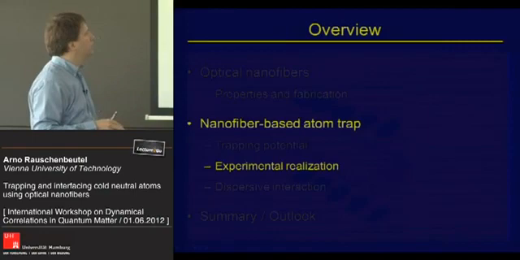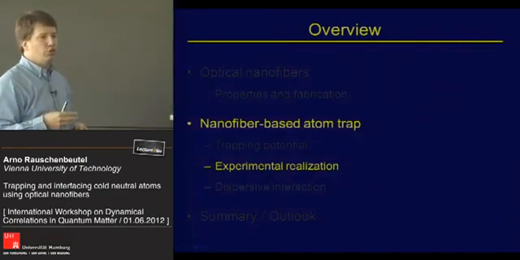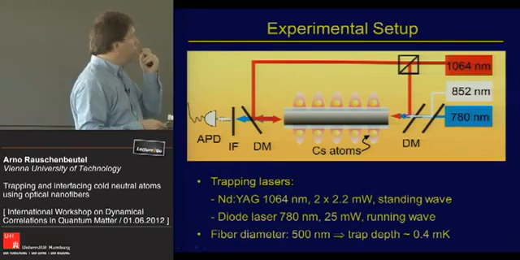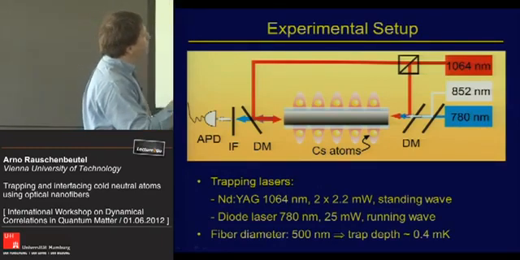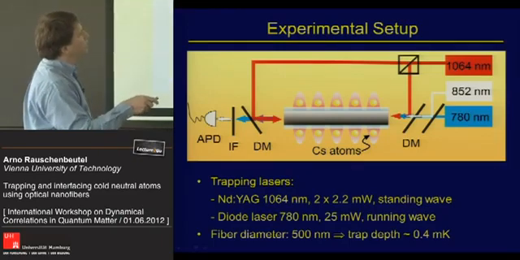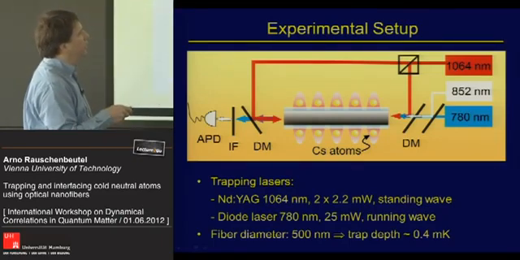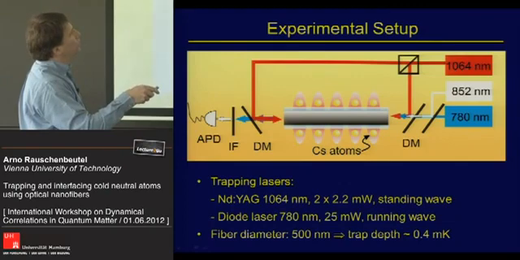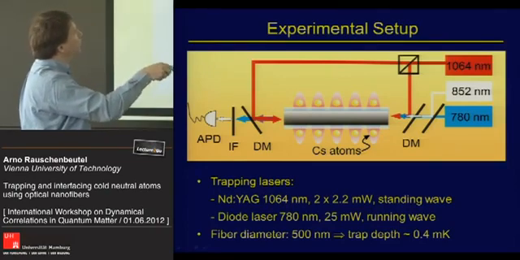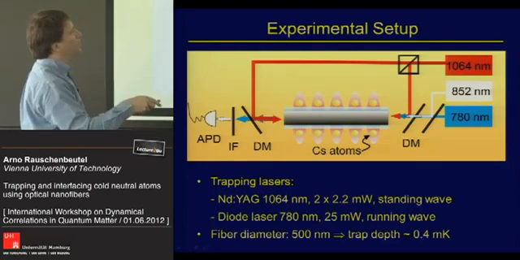So I don't talk about this anymore, but I immediately go to what you do then with the atoms which are loaded into the trap. So in the experiment we use cesium atoms. So in this case, the resonant wavelength is at 852 nanometers. And what we use as a red detuned laser is a neodymium laser with a power of about 2 times 2 milliwatts that we send from both sides into the fiber.